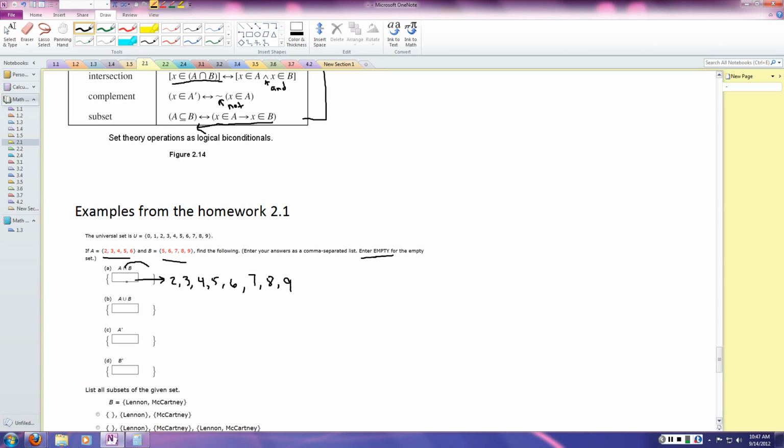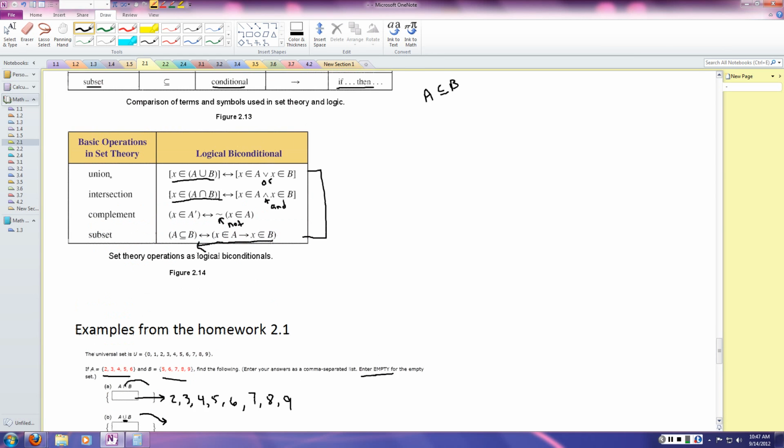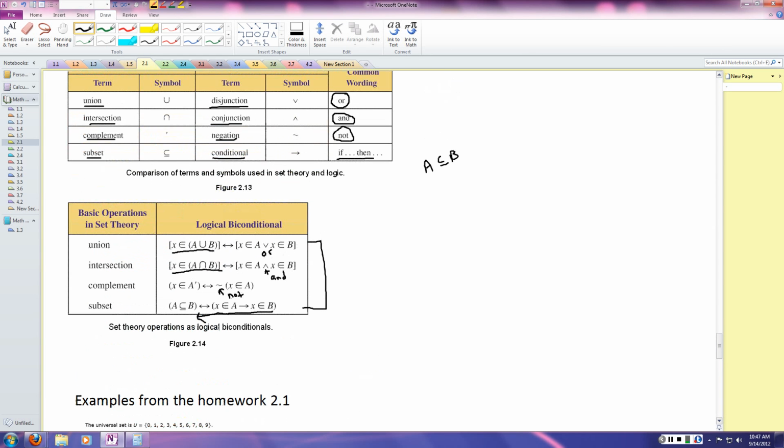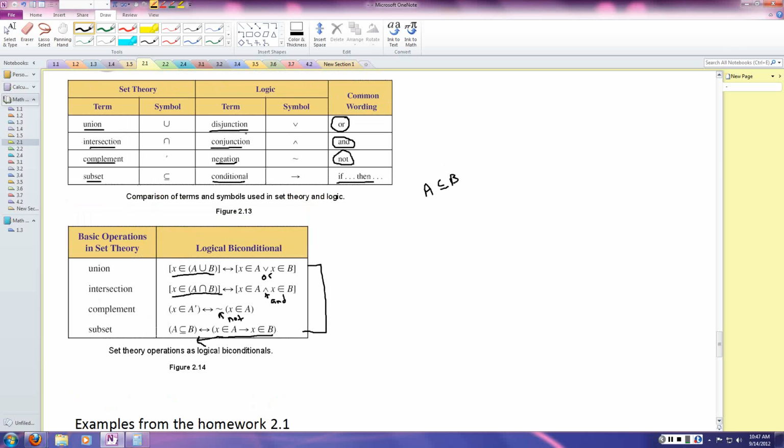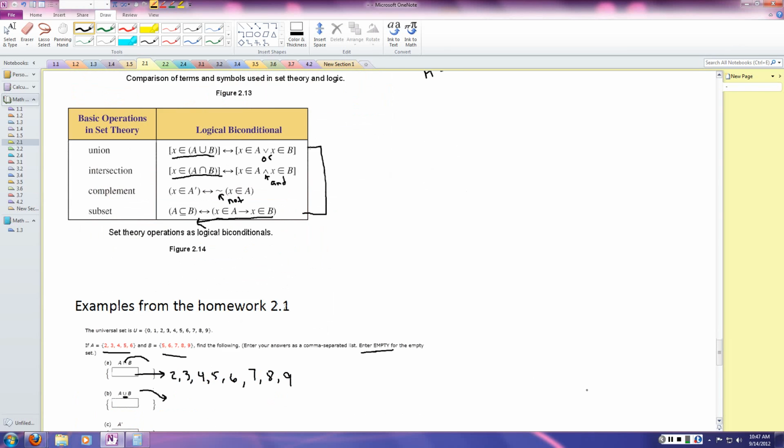So be careful not to list repeats. Here I have A union B. If I come back up here, union is going to be the elements in A or B, so let me pause this real quick.